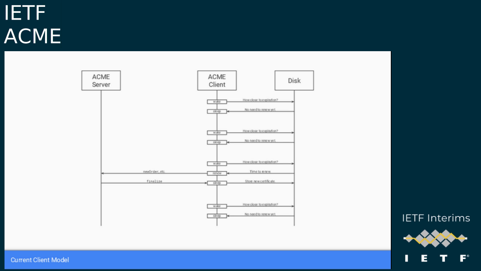At some point, they wake up, check the cert on disk, realize that it is time to renew, and then go talk to the ACME server, say, new order, complete the challenge, finalize, get a certificate, store that certificate on disk. And then again, some period later, they wake up, check the cert on disk. Oh, it's super new. Awesome. Go back to sleep. So this is sort of the current flow for most ACME clients. Next slide.